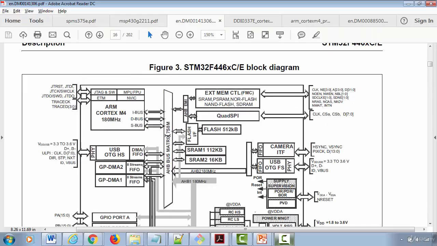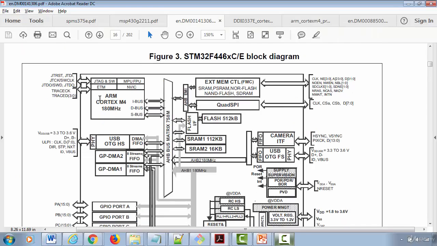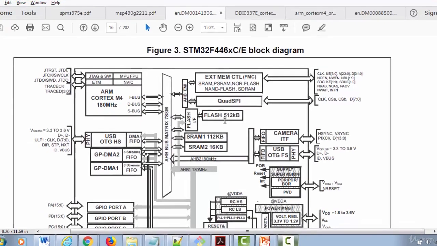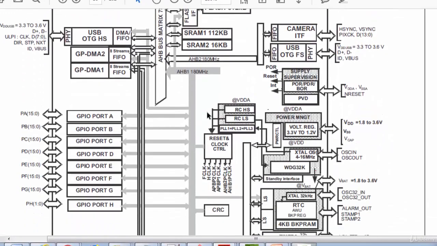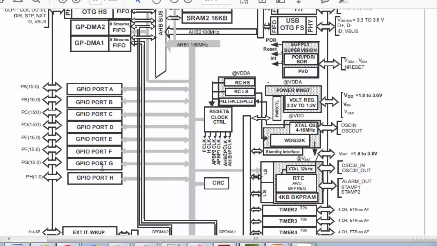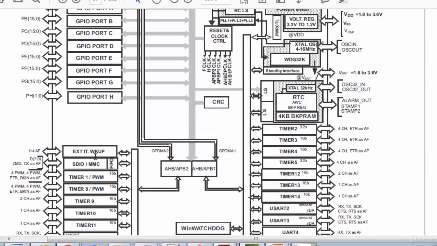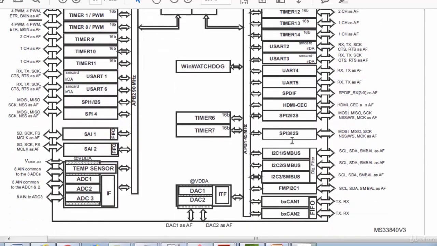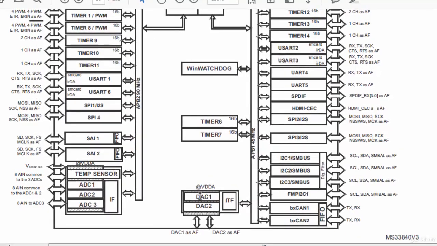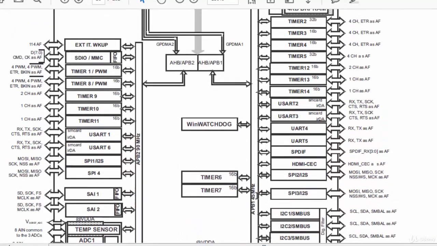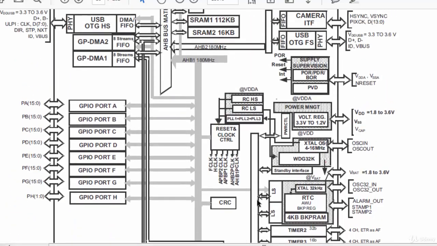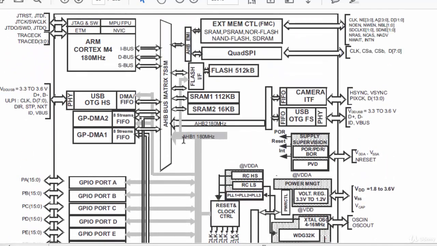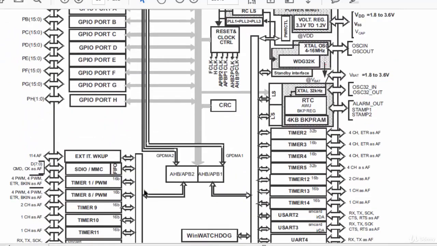If you look at the block diagram of the microcontroller, apart from the CPU part, it has various other parts such as its peripherals. You can see various peripherals like GPIOs, timers, the serial communication peripherals, and the data acquisition peripherals like ADC, CAN, DAC, timers. It also has various bus interfaces such as the AHB bus and APB bus.